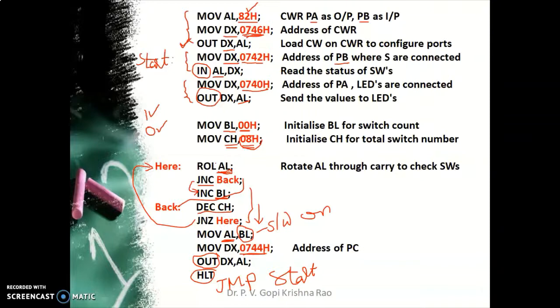This is a simple example of interfacing switches, inputs and outputs to the 8255 through the 8086. Now we have seen how many switches we are able to interface: 8 switches. How many LEDs? Almost 12 LEDs, which is not possible when we normally use the 8086. So this is how the 8255 enhances the capabilities of I/O interfacing with respect to the 8086.